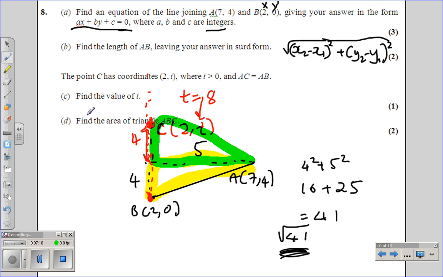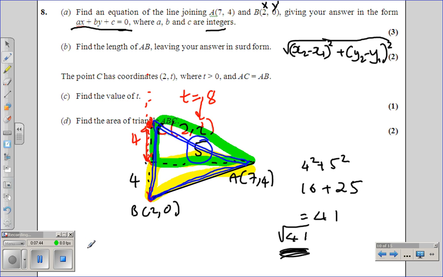For part D, we have to find the area of the triangle ABC. So this triangle here we've got to find the area of. Now, we know this distance here, that's 8, and the perpendicular height is this distance here, which we found earlier, that's 5.